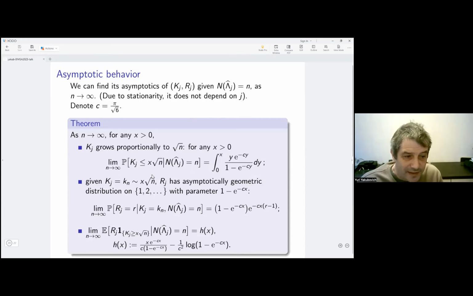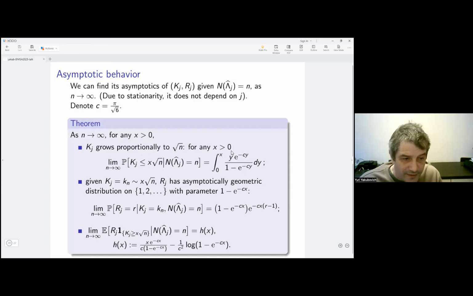Actually the parts we add behave like square root of n. So in order for this sequence to have a limit, we have to divide it by square root of n, and then it will have such a density, which is written here.